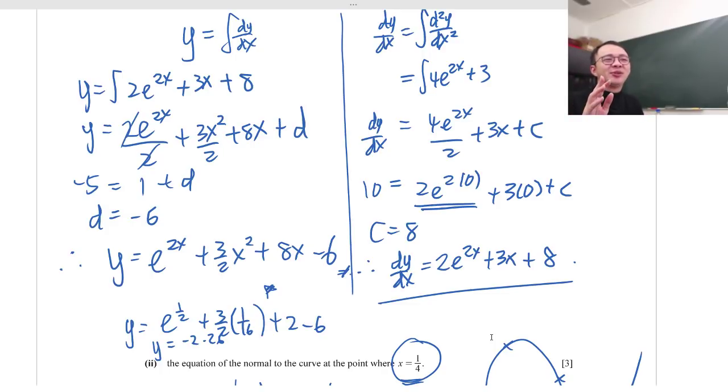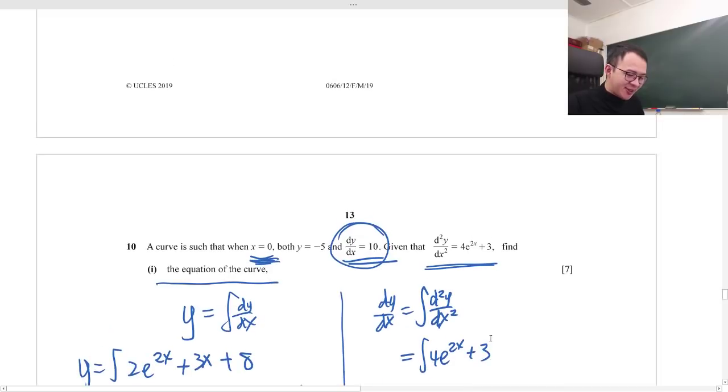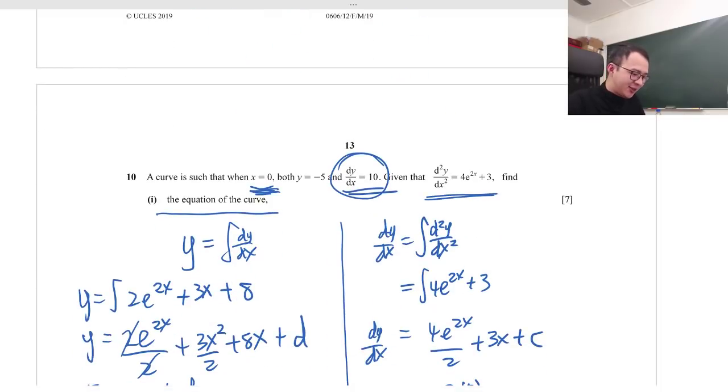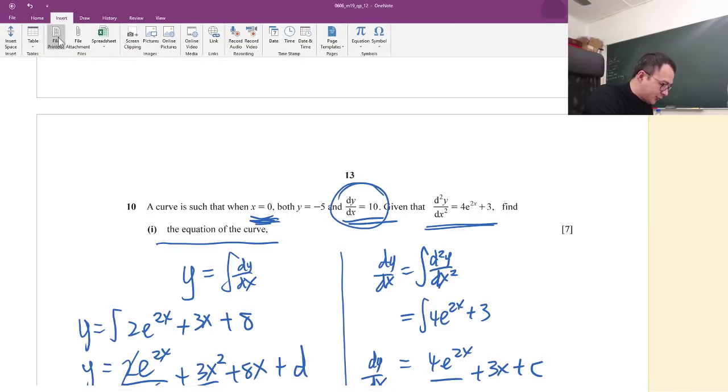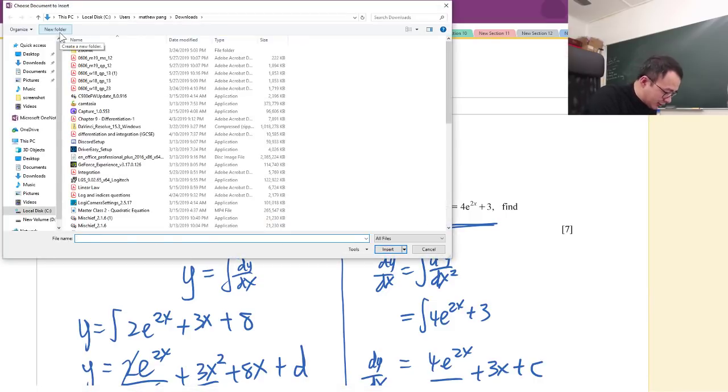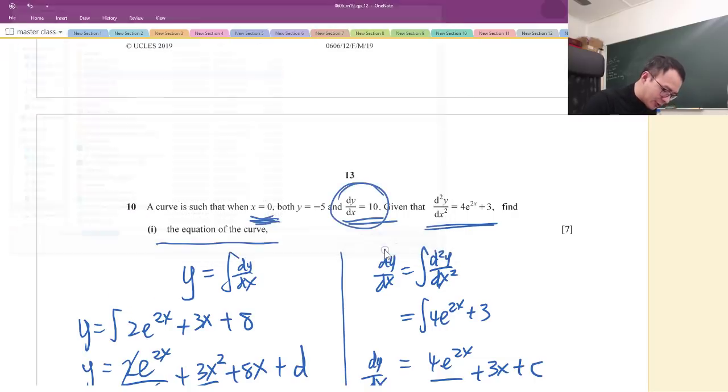Same thing for relative velocity. But let me see, can I open one more paper? Maybe we can do one more relative velocity question.